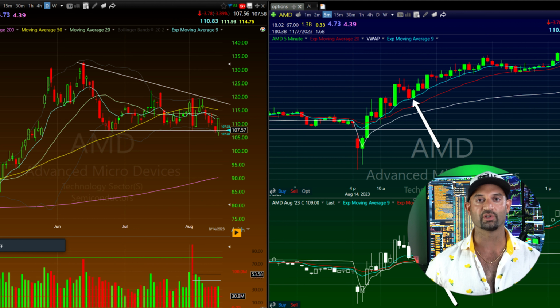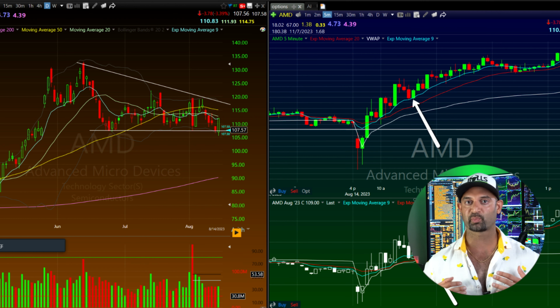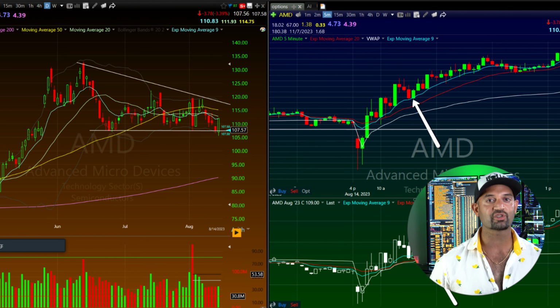And what we like to do on these kind of names is buy the calls into the Friday expiration. So Levi starts loading up these calls in the 220 to 230 range, right on the 9 EMA. That coincides with the stock also coming on the 9 EMA.